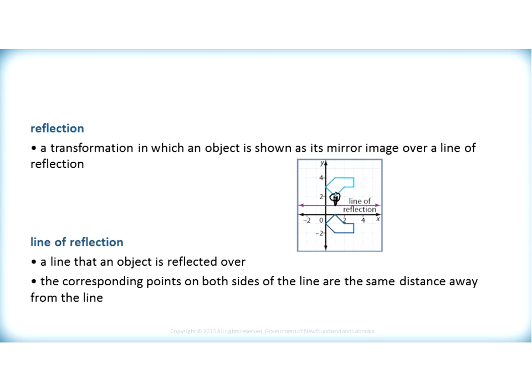Well, its reflected image, the point is right here, and that is 1 unit below. This point right here is 2 units above my line of reflection. Meanwhile, this point right here, the image of its reflection, is going to be 1, 2 units below the line of reflection.